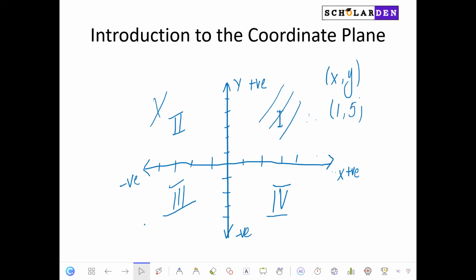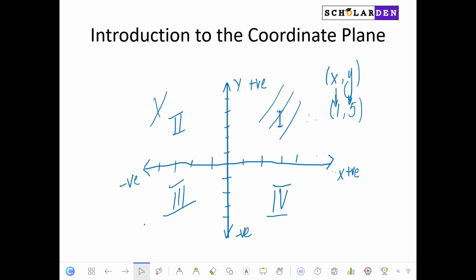Both the x and y values are positive, so this is going to lie in the first quadrant. We're not concerned with exactly where it lies. The question was, in which quadrant does it lie? The coordinates of the point 1, 5 are going to lie somewhere over here in the first quadrant.